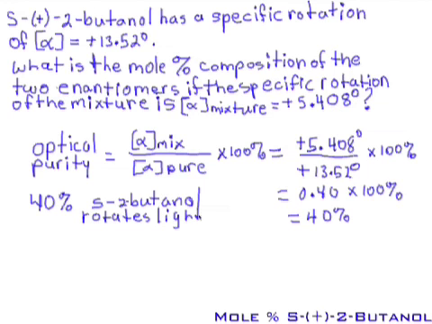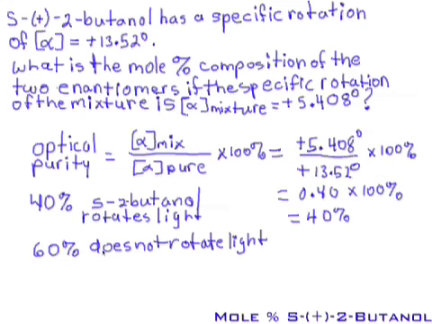Well, the other 60% does not rotate the plane polarized light. Why not? Because it's a racemic mixture. The 60% is actually 30% S and 30% R.